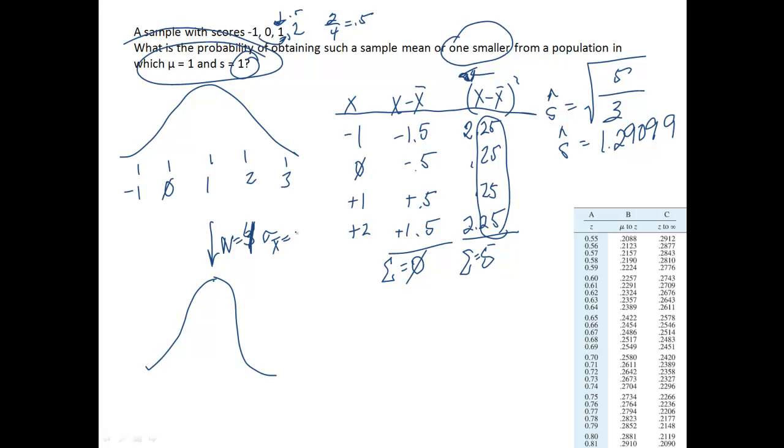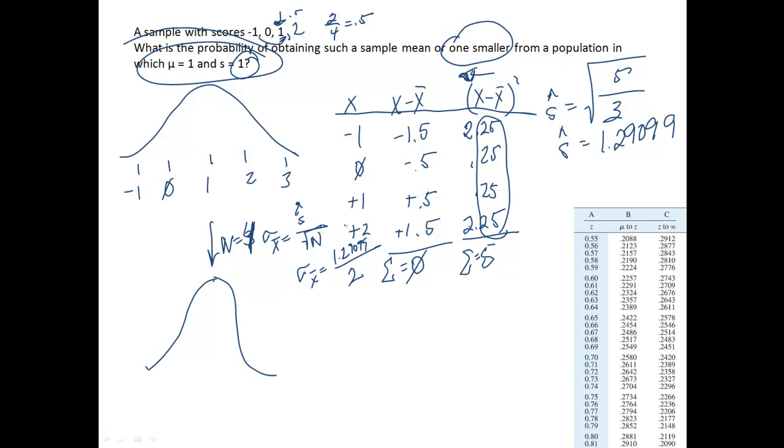We need to do sigma sub x bar, which we're going to use s hat to estimate the population standard deviation divided by the square root of n, n being 4. So I need to take sigma sub x bar equals 1.29099 divided by square root of 4, which is 2.